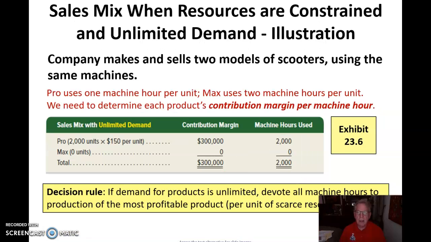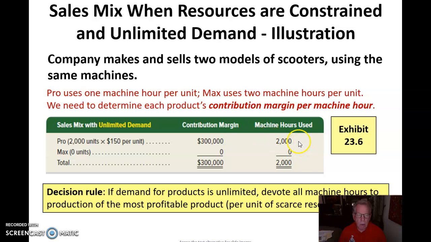Now, the company makes and sells two models of scooters using the same machine here. So again, we have unlimited demand. So we're going to take those 2,000 units, that's the most we can sell of Pro, and that's going to give us $150 per unit, or $300,000.